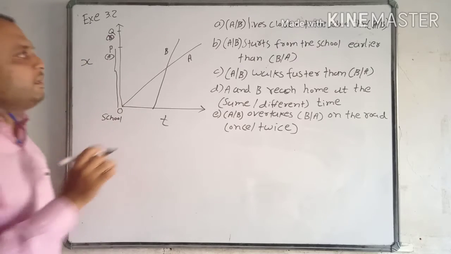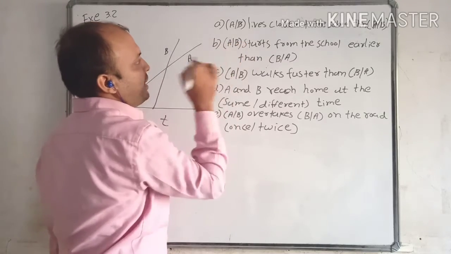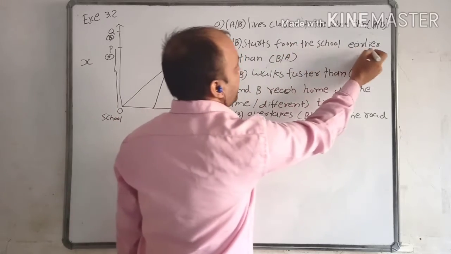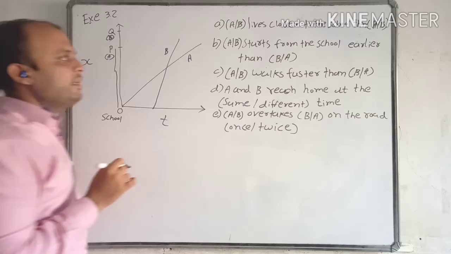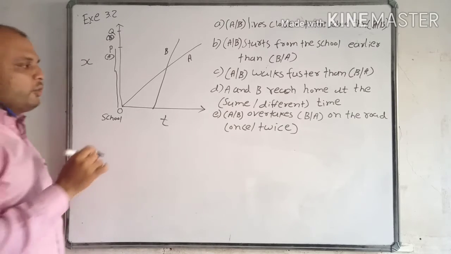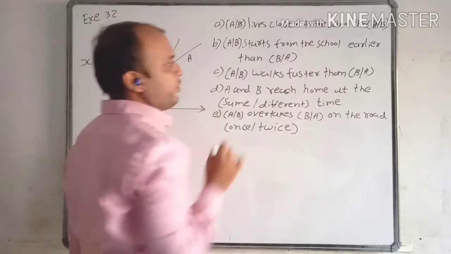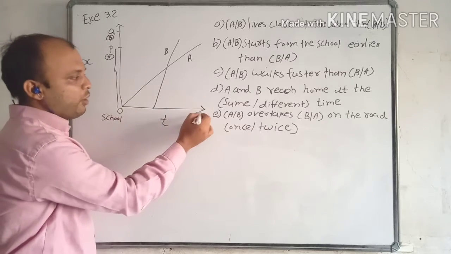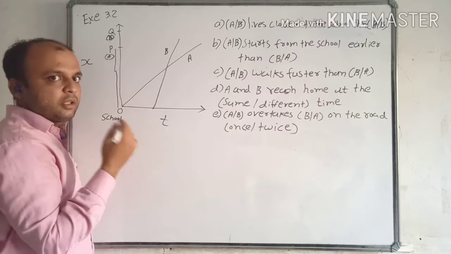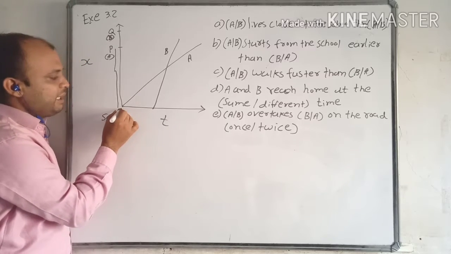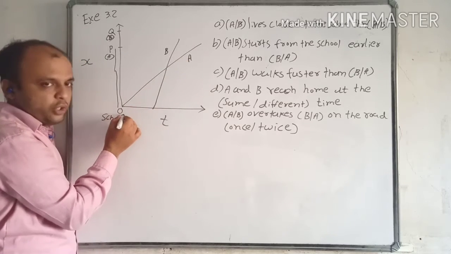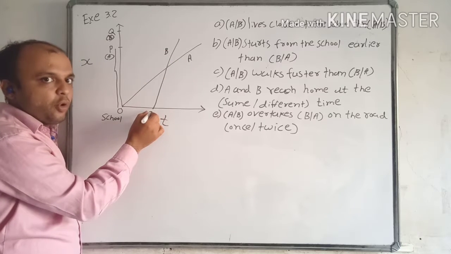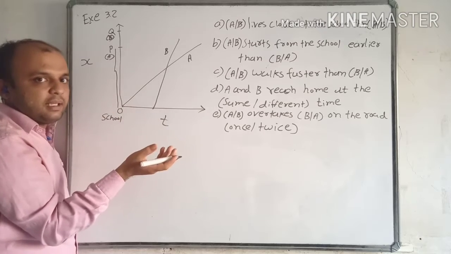In the second condition, does A or B start from the school earlier? In this condition we have to check time, so on the x-axis we have time. Here we can see A starts from the origin while B starts from some later point. Which starts earlier?